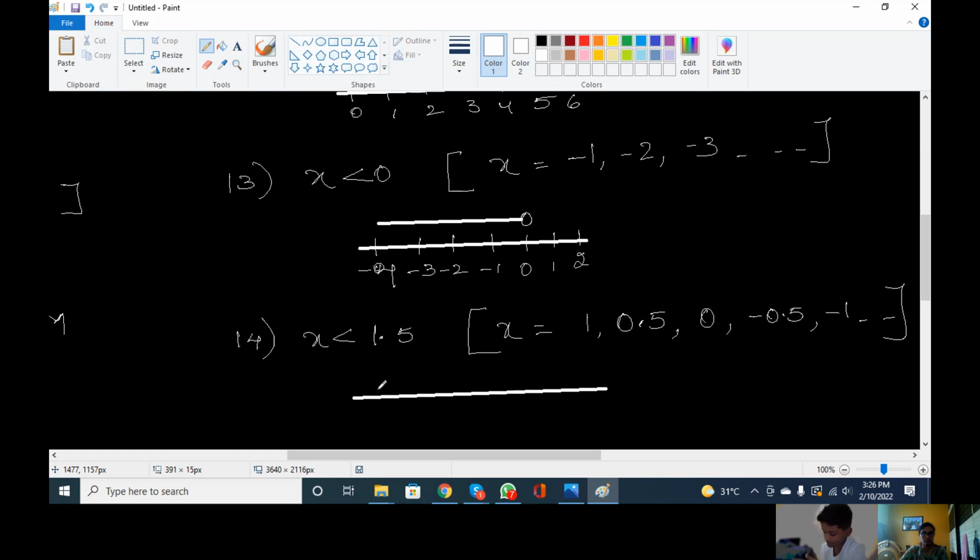So you can write 1.5, 1, 0.5, 0, negative 0.5, negative 1. Since the value is 1.5, mark on that, and since it is less, open the left hand side. Okay.